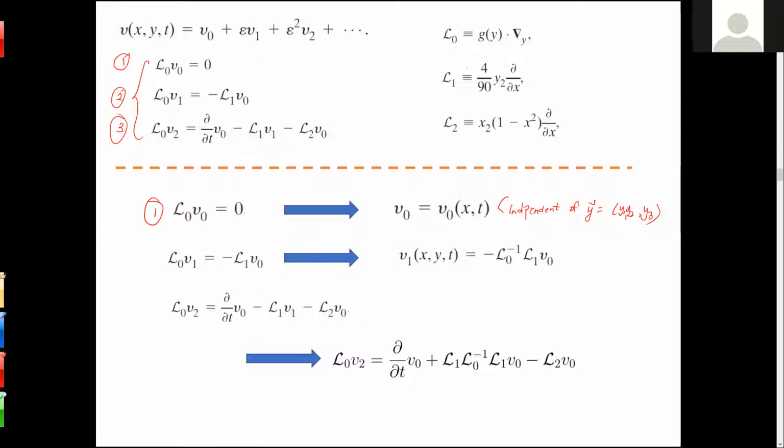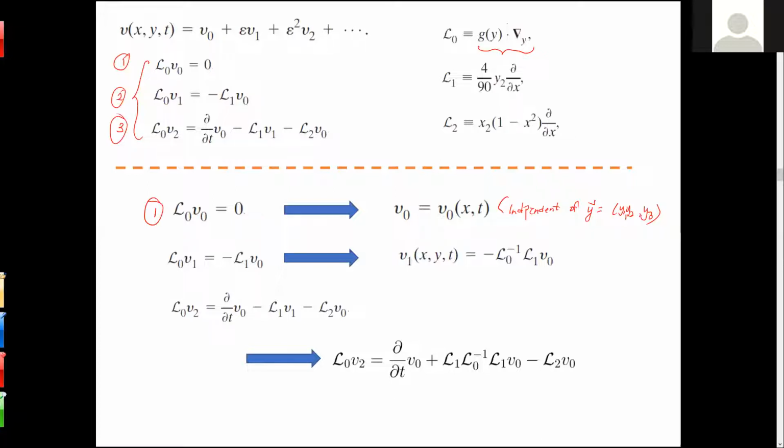That is not difficult to see because L0 is this operator. If you apply the operator and take the partial with respect to y and it gives you 0, that means V0 has no y, or V0 is independent of y. That's why its derivative is 0. So V0 is only in terms of x and t.